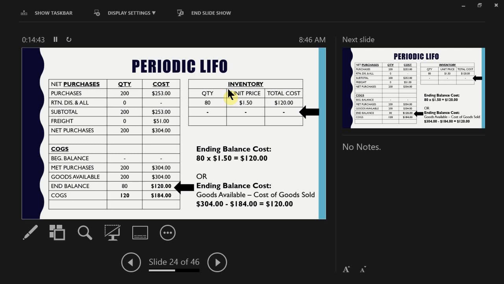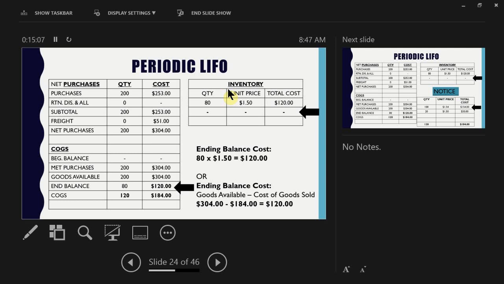And then our last step is to solve for our ending balance, which you have two ways to solve. You can go up to the top into your inventory worksheet and multiply the remaining units left by the unit price or cost per item to get a total of $120.